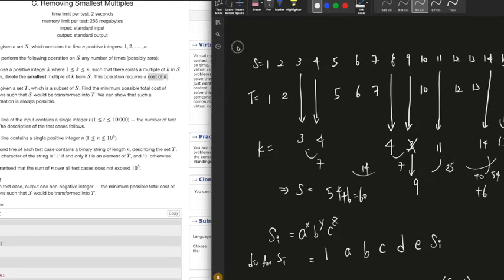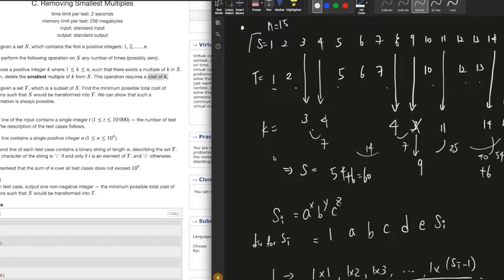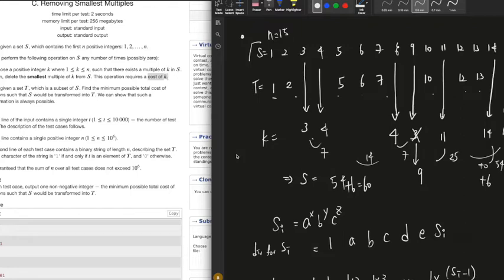So here's more examples in the problem. n is equal to 15. So there are 15 numbers, and T only has 1, 2, 5, 6, 7, 10, 12, 13. And we'll think about how to come up with the smallest multiple of k for S in a fast way.